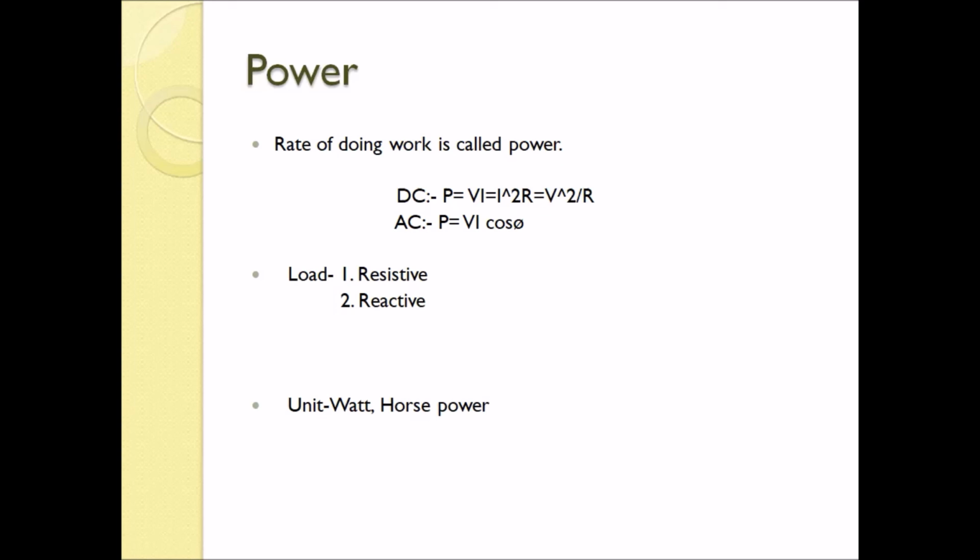If the supply is DC, direct current, in which the magnitude of the electricity is constant, the power can be represented by the product of applied voltage and circuit current, or as the square of the circuit current multiplied by the circuit resistance.